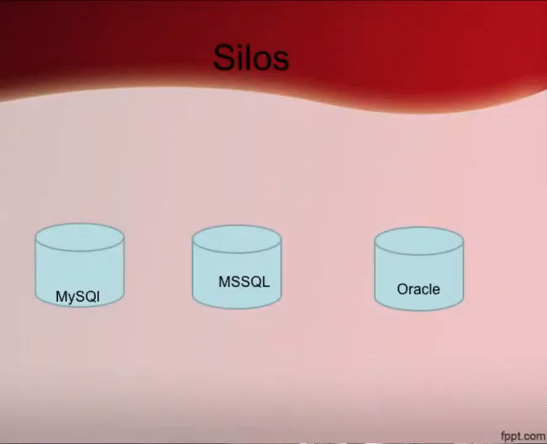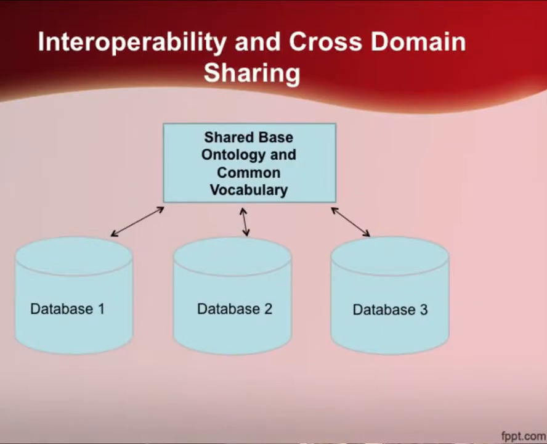So originally, library data or anyone's data, they are in the hidden web, in a silo, in an isolated place. So in order to share data and everything, we need to share ontologies and vocabularies. If we have a common vocabulary and ontology, then those databases can have a common base to talk to each other. That's the basic idea.